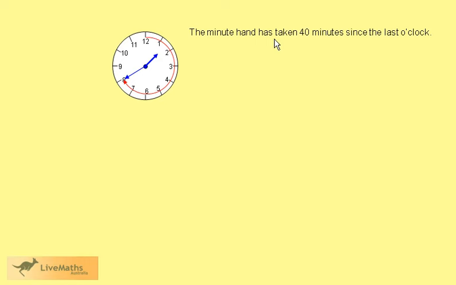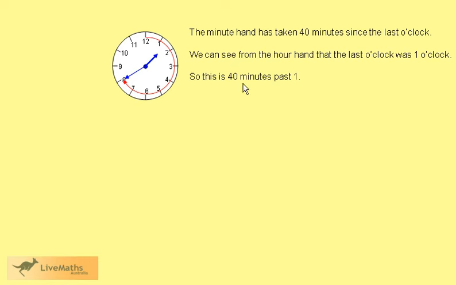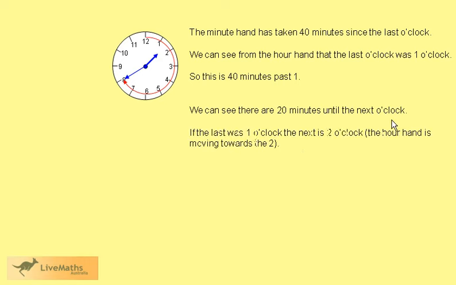The minute hand has taken 40 minutes since the last o'clock. We can see from the hour hand that the last o'clock was 1 o'clock. So this is 40 minutes past 1. We can see there are 20 minutes until the next o'clock. If the last was 1 o'clock, the next is 2 o'clock.